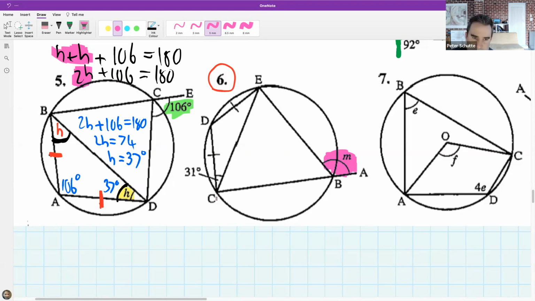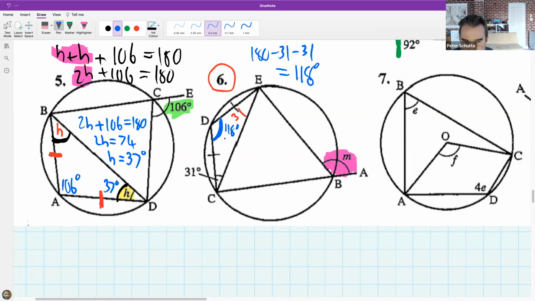I see a lot of students saying that they have got 118. So I'm guessing that because this is an isosceles triangle, that's 31. And then the next step is to find what this is, which is going to be 180 minus 31 minus 31, which is 118. So this one here is 118.